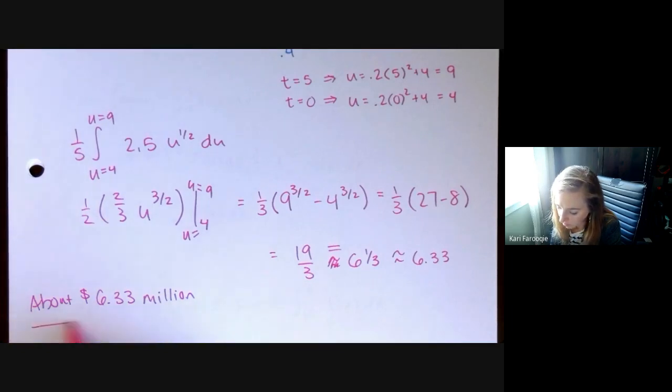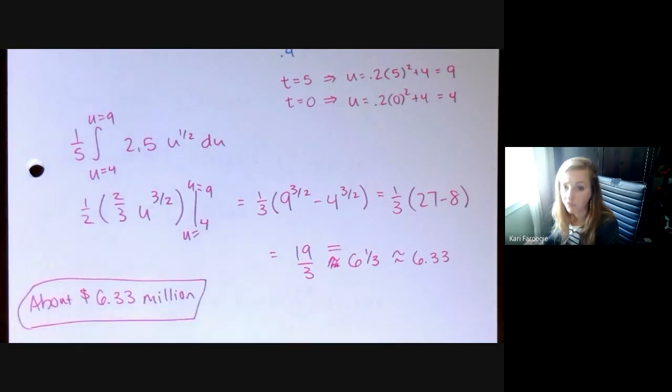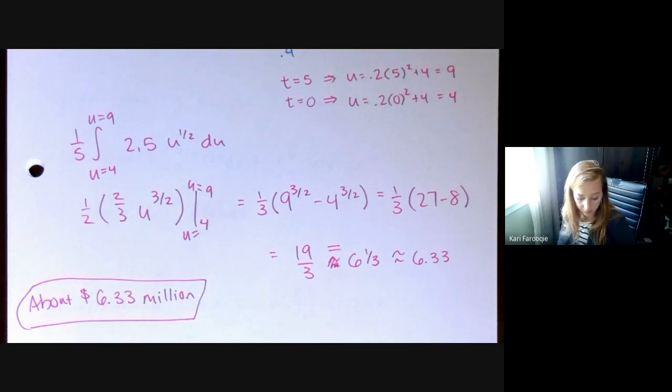So I would leave my answer like this, and the dollar sign's on there, so you don't need to repeat that. Just don't say $6.33. Don't do that. It's millions. And that would be weird too. Like, really, average yearly sales $6, really? What kind of sham company is this?